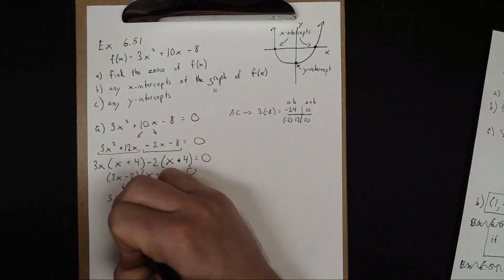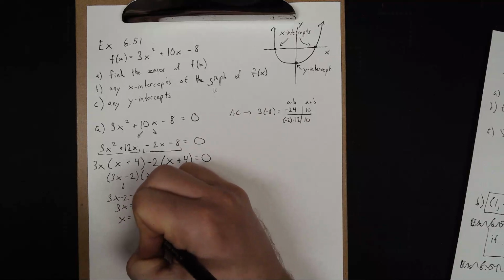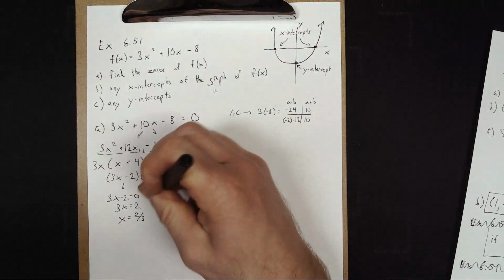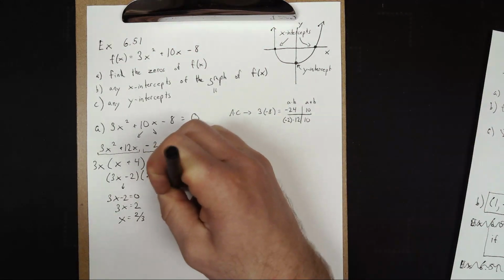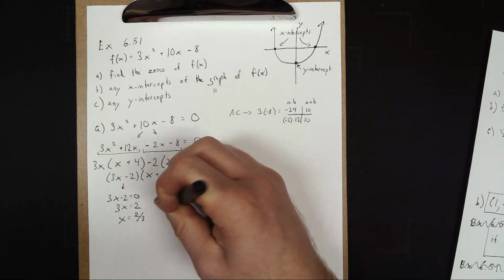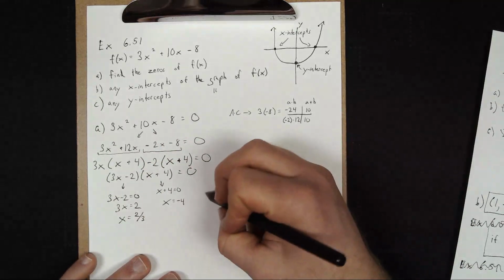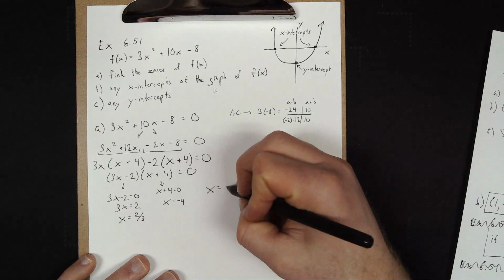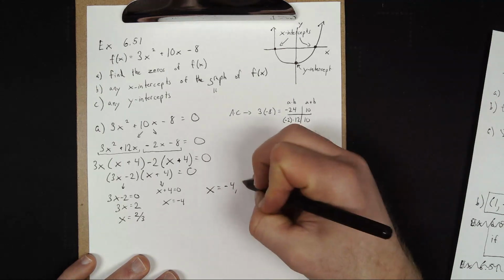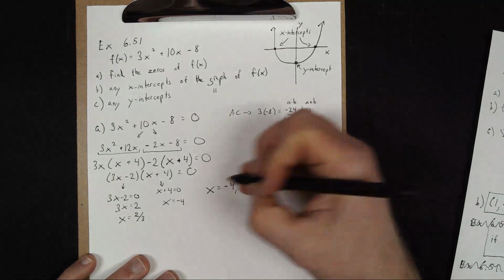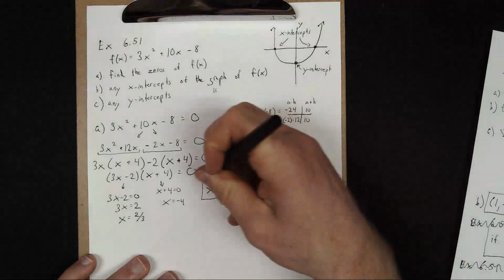Divide by 3, we get x is equal to 2/3. And over here, x plus 4 equals 0, x is equal to negative 4. So we know that x is equal to negative 4 and x is equal to 2/3. Those are our zeros, okay?